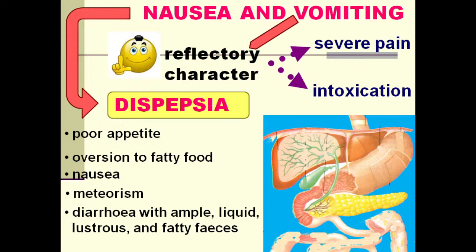Feces are lustrous because they are rich with incompletely digested fat, and sometimes we can see a white coating of undigested fat. These are the dyspeptic problems of the patient with exogenous pancreatic insufficiency.